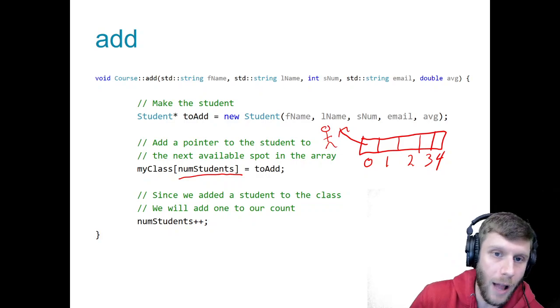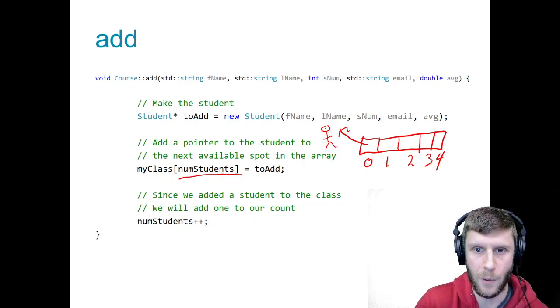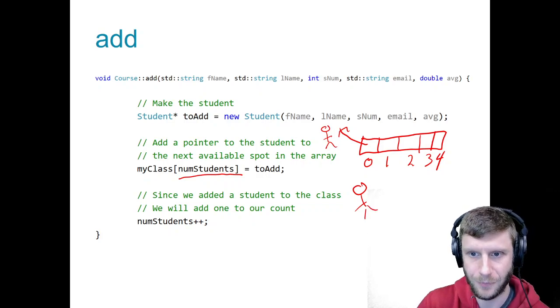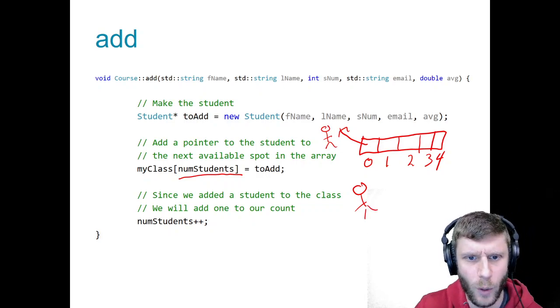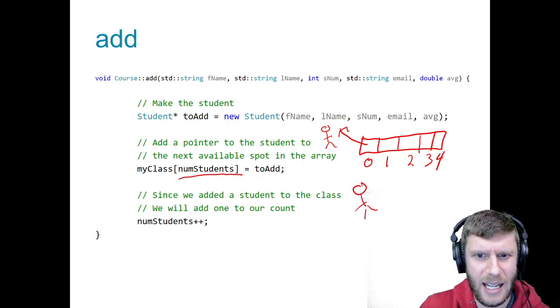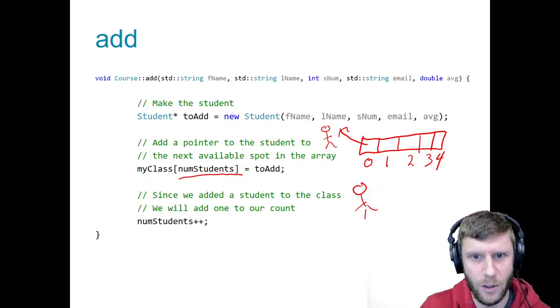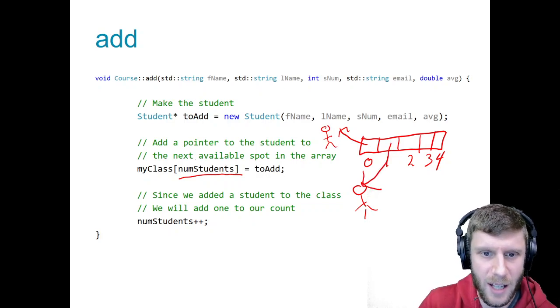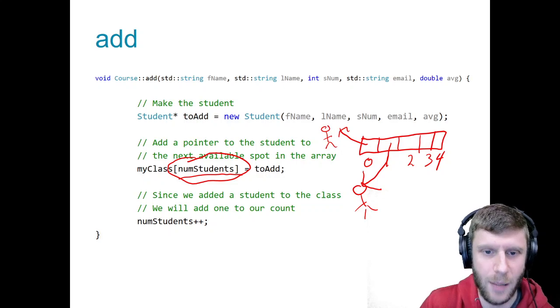And then if I were to call add again, well, we create a new student object somewhere in memory. I don't know, let's say it's right here. And what are we saying? Well, numStudents is now 1. And then we can just set that to whatever toAdd is. Okay, fantastic. So numStudents is actually kind of doing double duty for us.